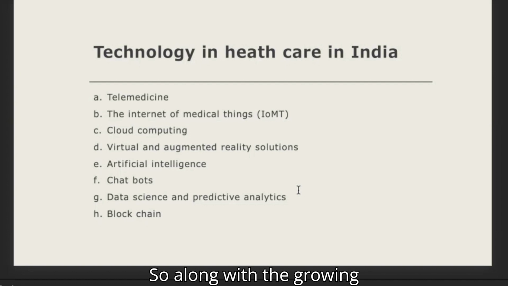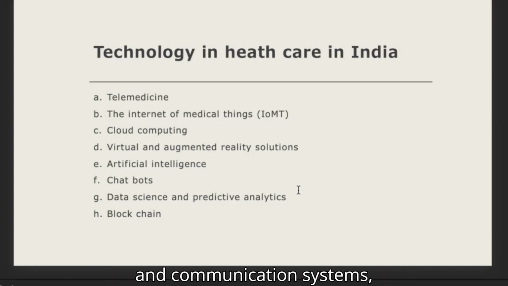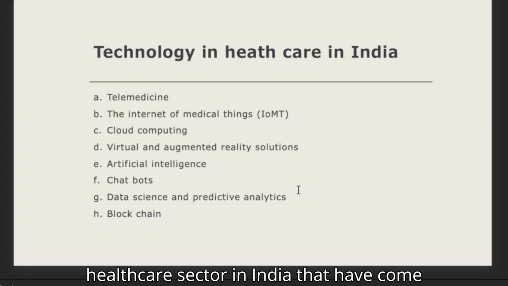So, along with the growing popularity of digitalization in hospitals, market penetration of picture archiving and communication systems, PACS, is likely to increase further in coming years. So these are certain transformational changes in the healthcare sector in India.